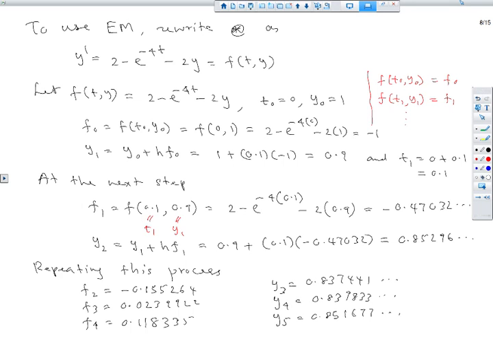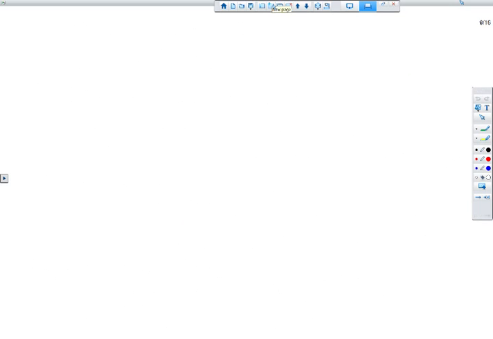So let's talk about how to improve this technique.